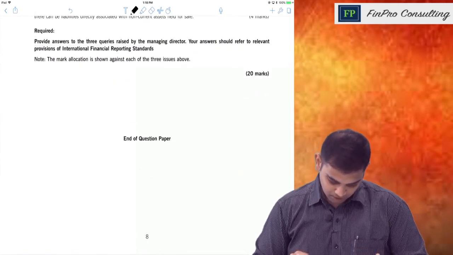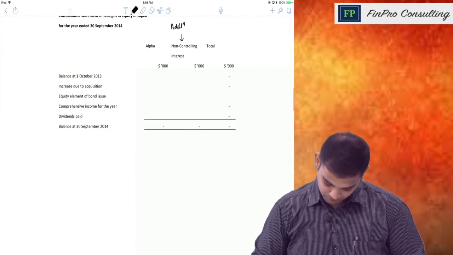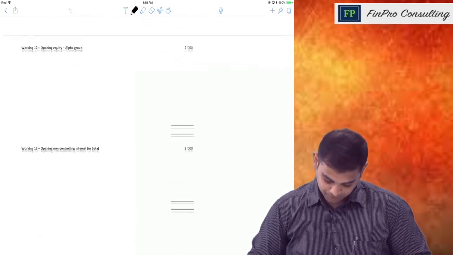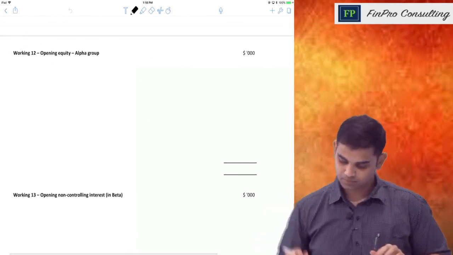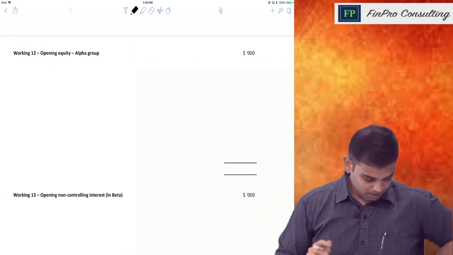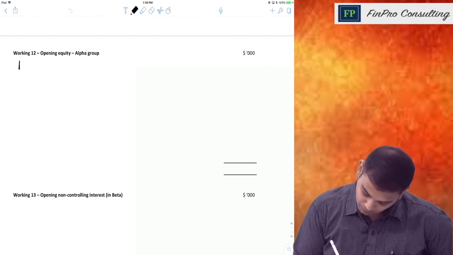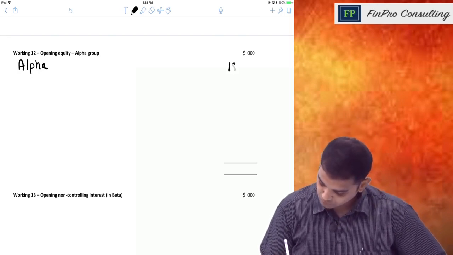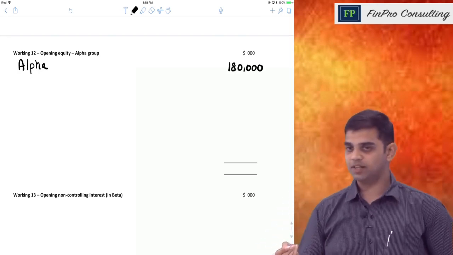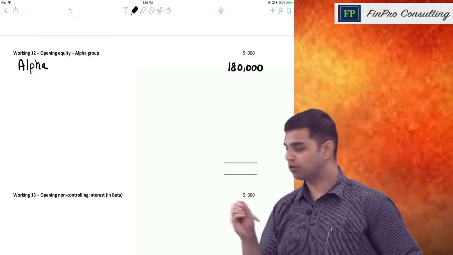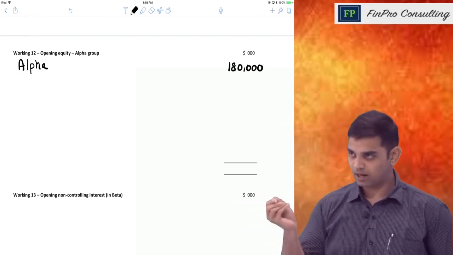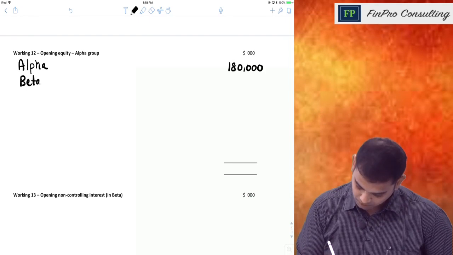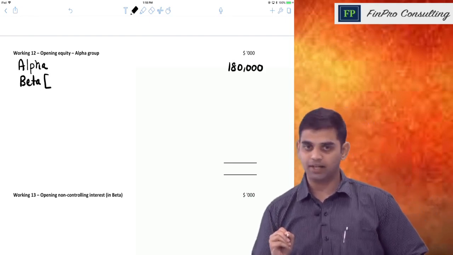Go to working note number 12. Last two working notes pending. Right, first given in the problem, alpha 1,80,000. See, consolidated is parent plus subsidiaries, out of which one subsidiary is not there on the opening date. Now relating to beta, you will only include post acquisition net assets.